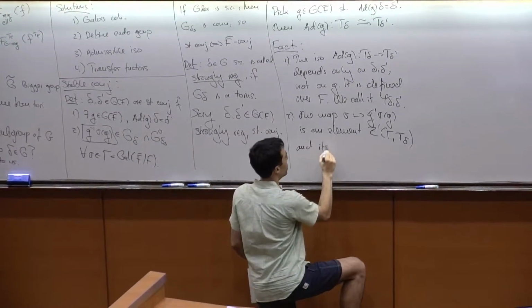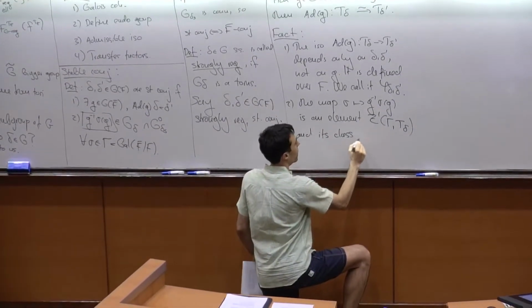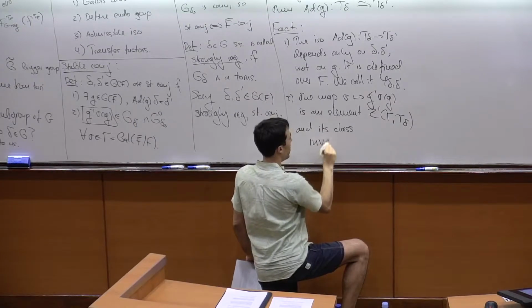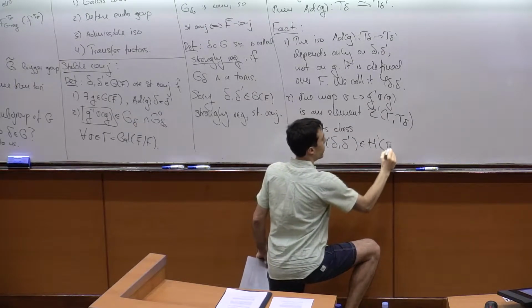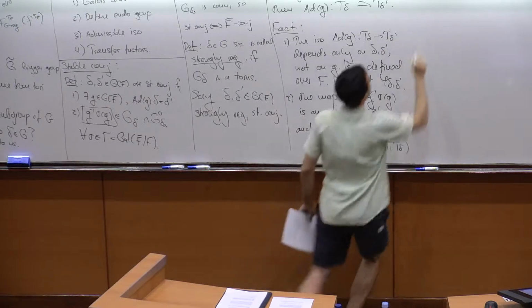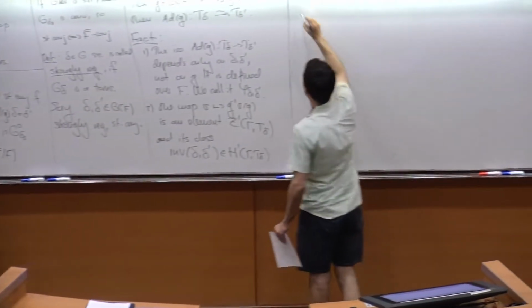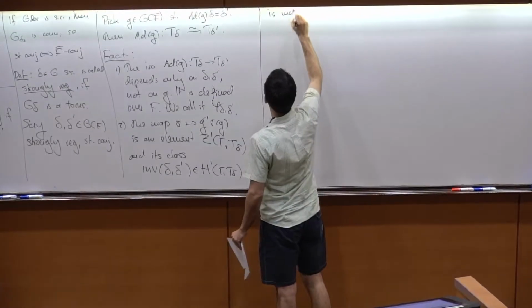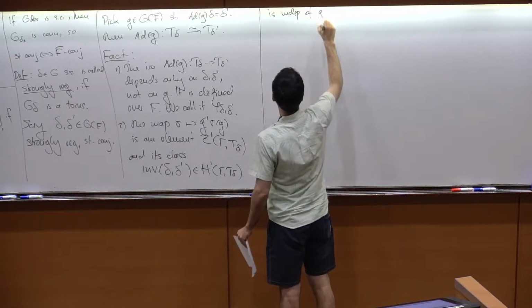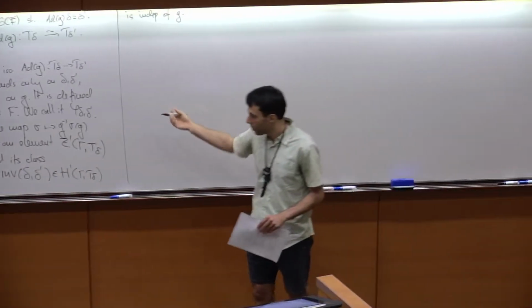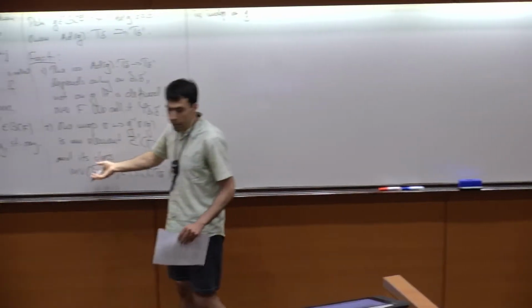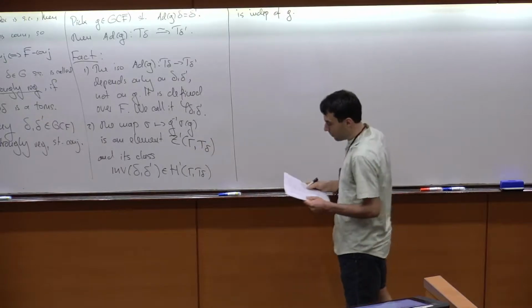And its class, which we're going to give a name now, invariant delta delta prime, its cohomology class, is also independent of the choice of G. Just like the isomorphism between T delta and T delta prime, this cohomology class depends only on delta and delta prime.